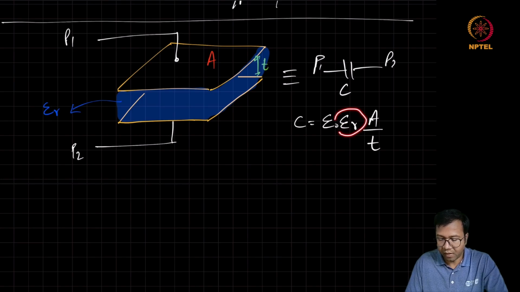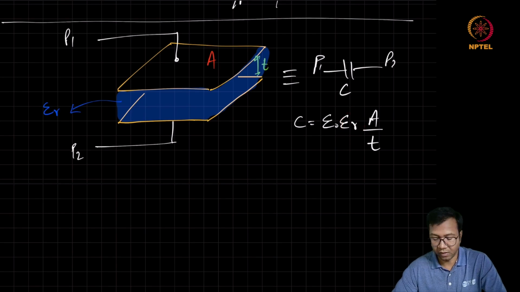And this epsilon r is again kept as low as possible in a given process because we want to reduce the coupling between the two metals. So many times this epsilon r will be just silicon dioxide, which has a relative permittivity of around 4.